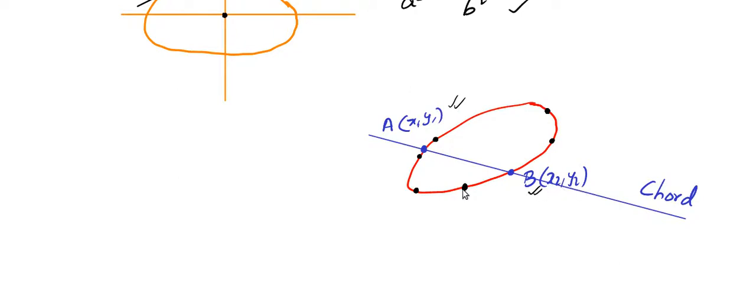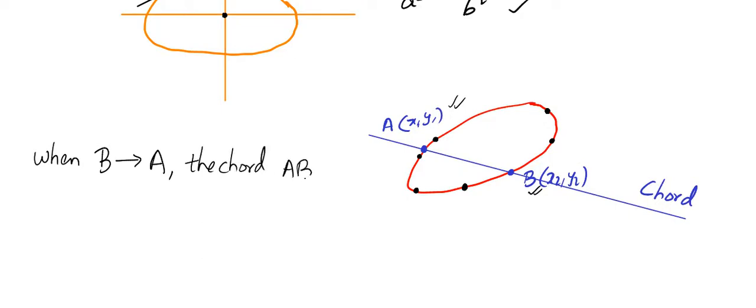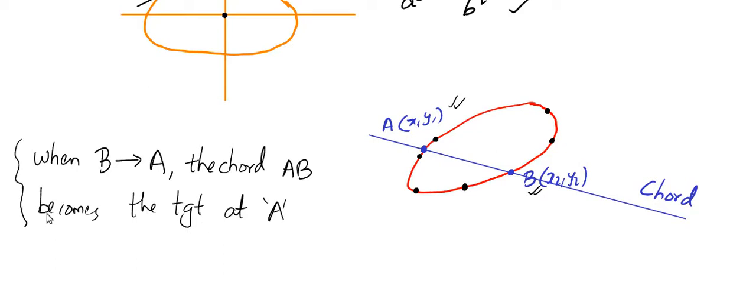And what we learned is, when B tends to A, the chord AB becomes the tangent at A. I hope you understood that language. This is the logic behind the proof which we are going to do.